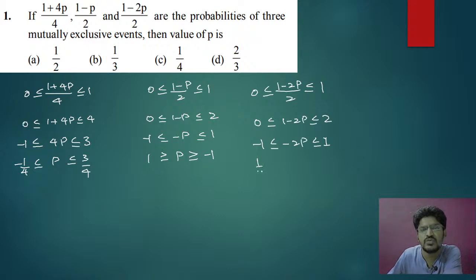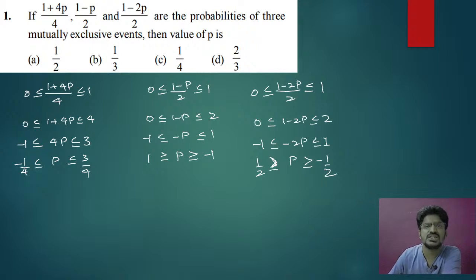So it is going to be 1/2 ≤ p. You are dividing by −2, which means you have to change the inequality nature. So p ≤ 1/2 and p ≥ −1/2. These 3 inequalities you are going to get.